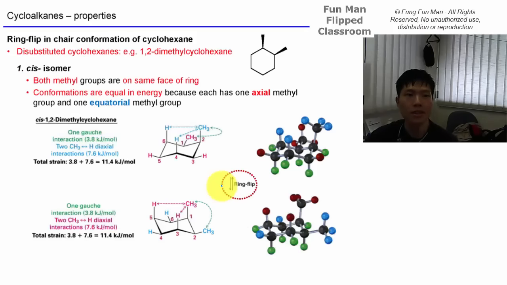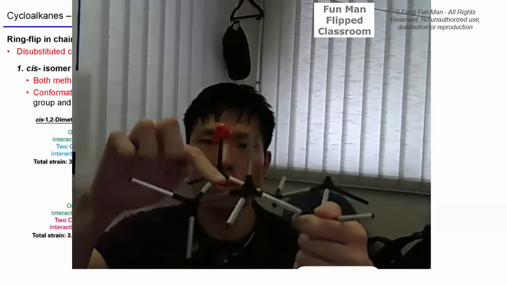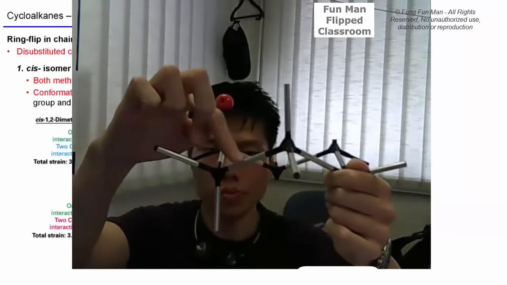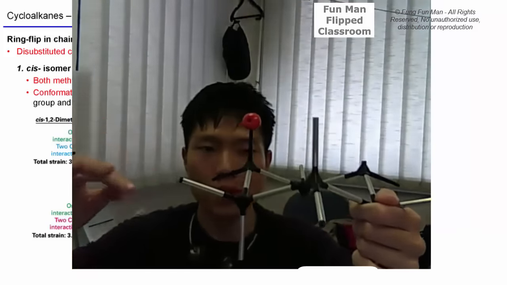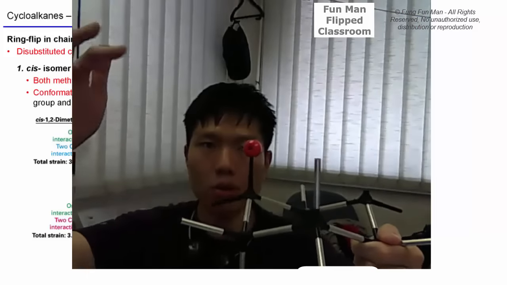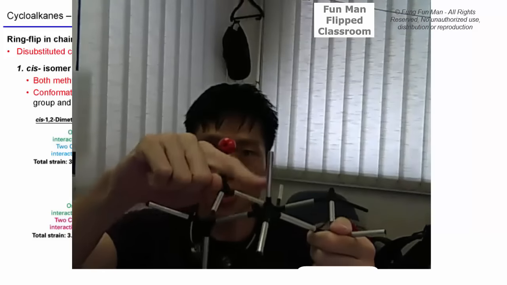In cyclohexane, for the cis isomers, we know that both methyl groups are on the same face of the plane. So here you see a 1,2 dimethyl cyclohexane, 1,2 because they are just adjacent carbons. So imagine that these 2 are the 1,2, and they're cis. Cis means pointing the same way. It means up, up, or down, down. So for this one, up is axial. What about for this atom?